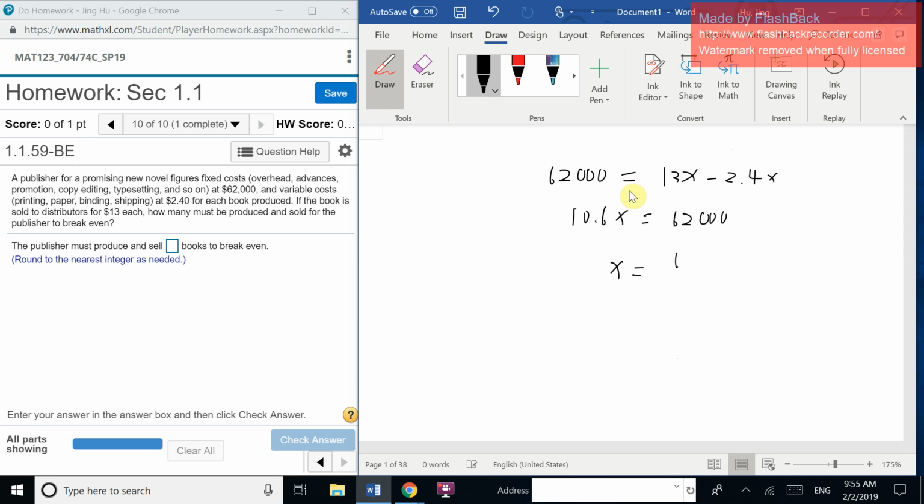So 10.6x equals 62,000. x equals 62,000 over 10.6. You can use the division method manually, or just get a calculator or your phone. So it's 5849.1. So rounding to 5,850. So round up.